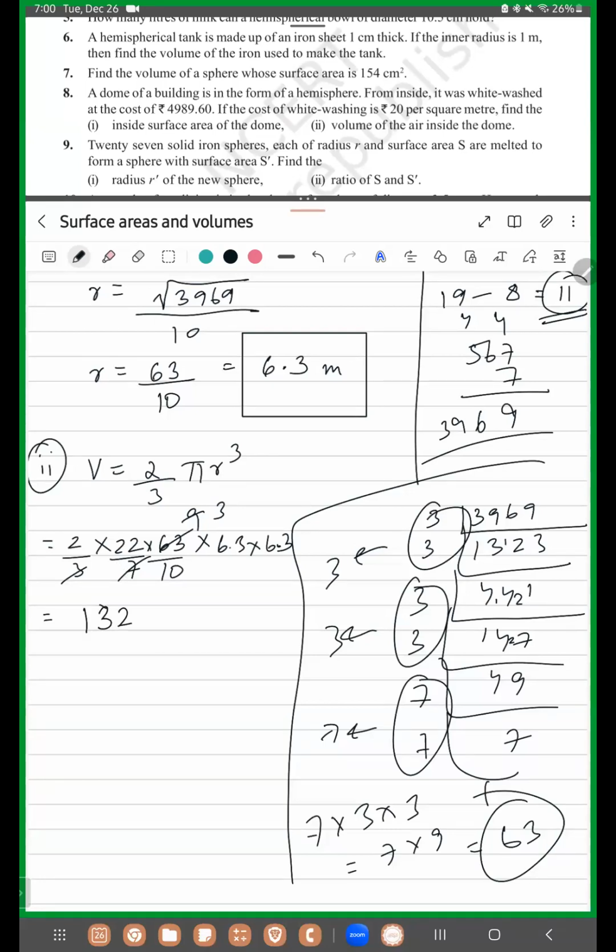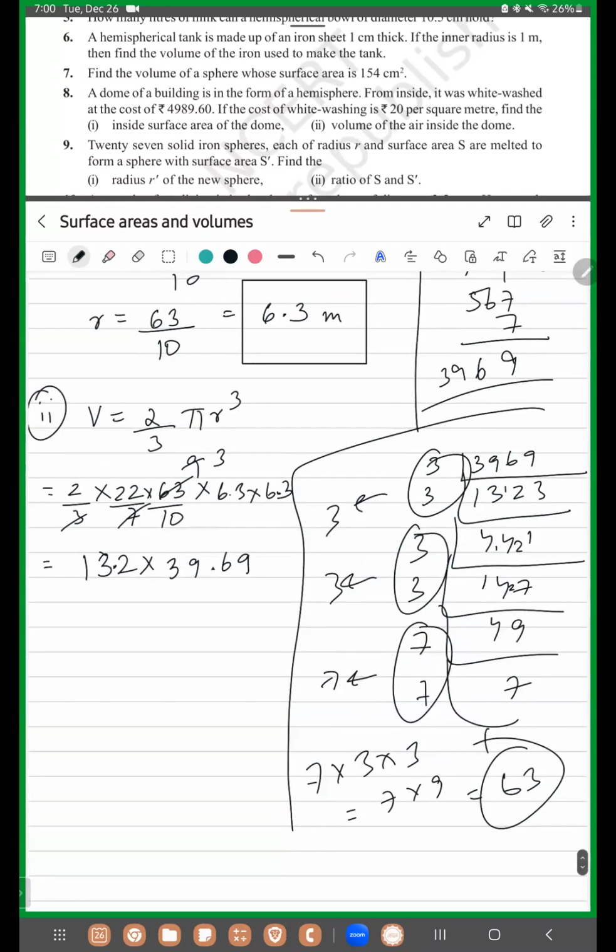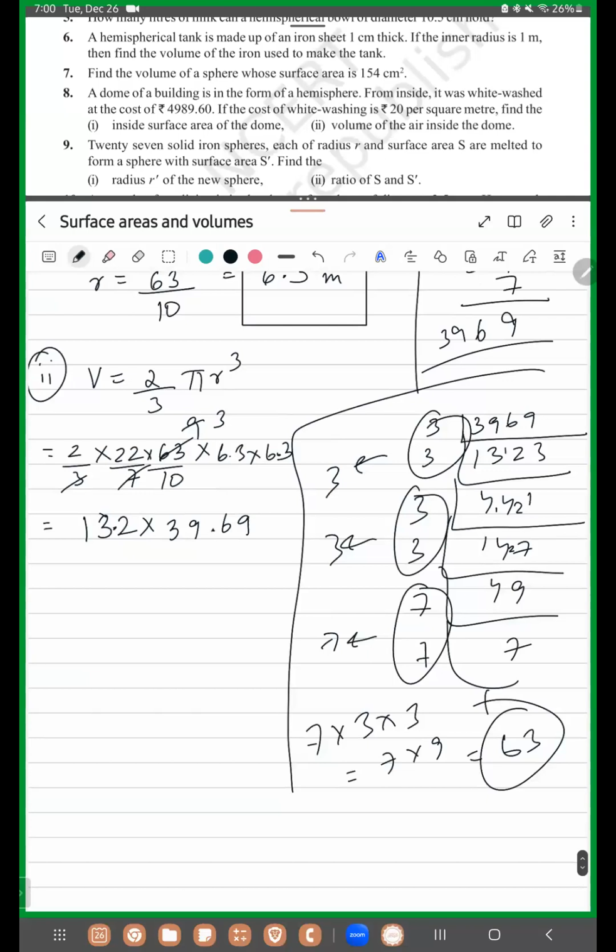132 into 6.3 squared. We have just found out what 6.3 squared is, and that is 39.69. So now we just calculate the remaining part.